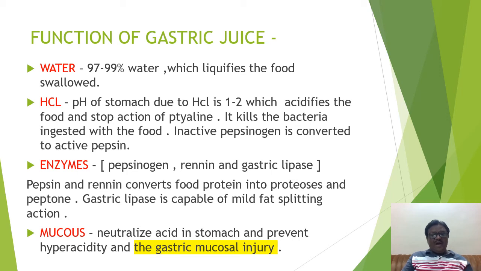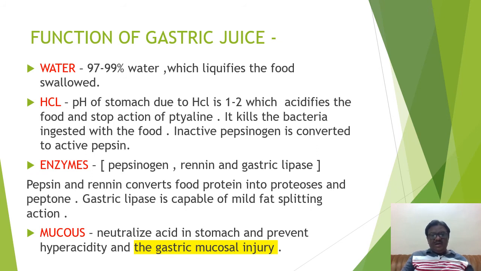So whatever carbohydrate digestion takes place inside the buccal cavity, the activity of the salivary amylase is carried on even when the food reaches the stomach. But after that, it stops or slows down because of the presence of HCl, which acidifies the content of food in the stomach.